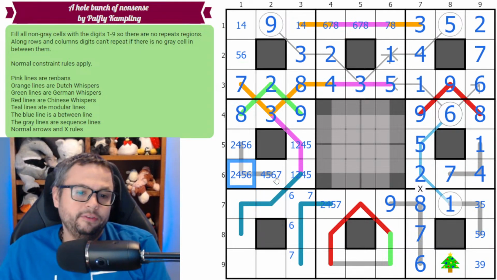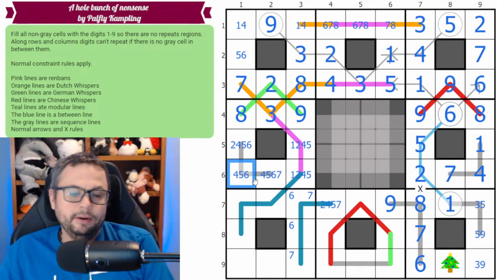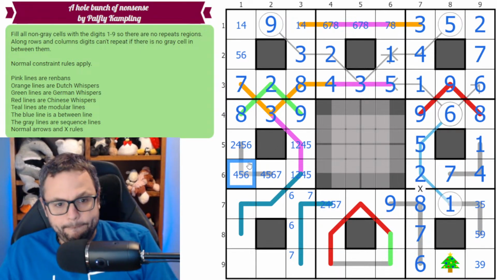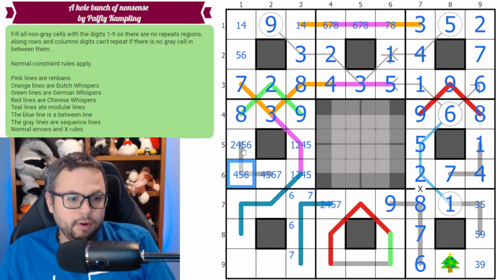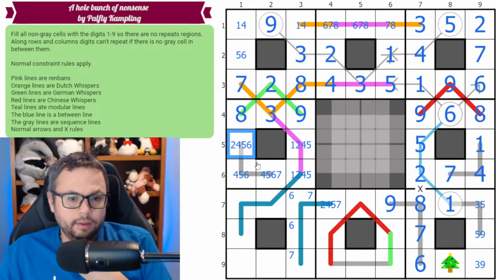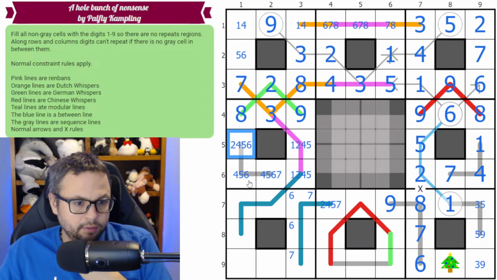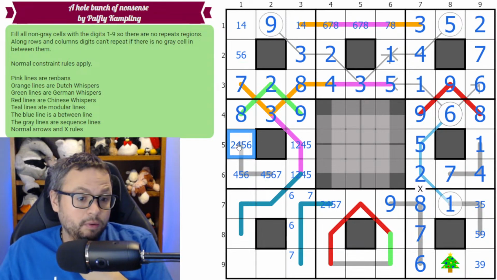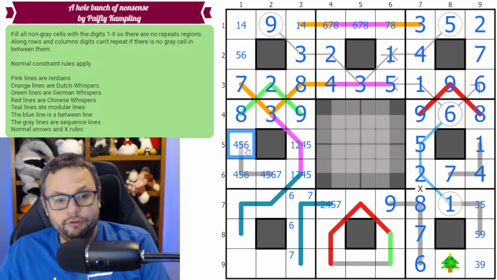So the smallest number can't go in the middle. So the middle is always a 4, 5, or 6. And so what about 2? If I put 2 here... Yeah, 2, 4, 6 definitely breaks the renban. So 2, 5 would get me to 8. I don't have an 8, so this can't be a 2.